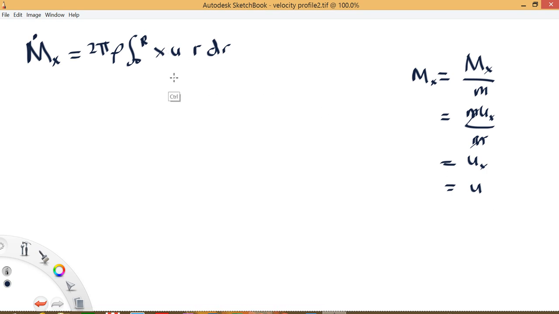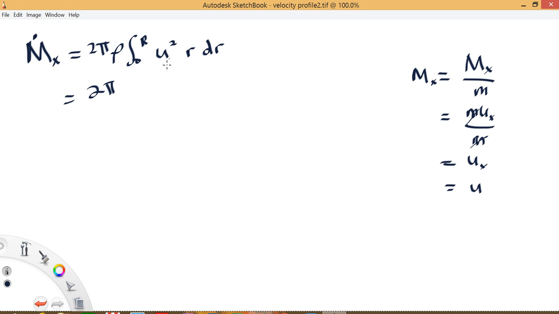So by right, you should get this as u square, because last time we used x as a notation for the extensive property. So now we have this extensive property, which is the momentum in x direction. So we get this specific form as u. So therefore you get u square.